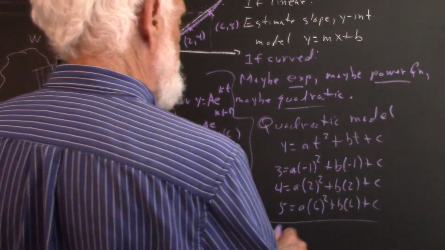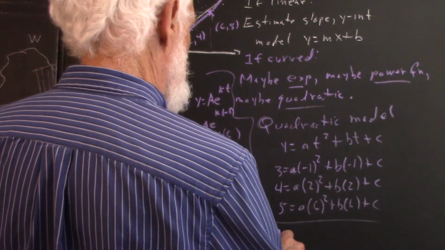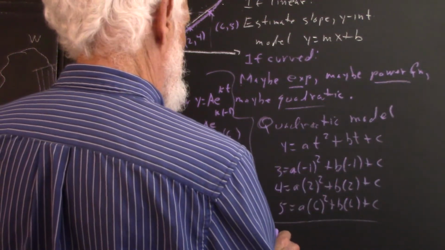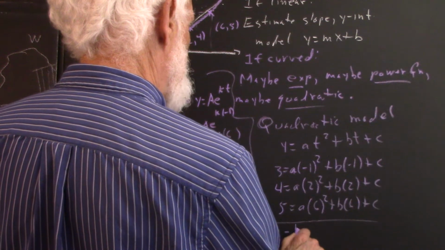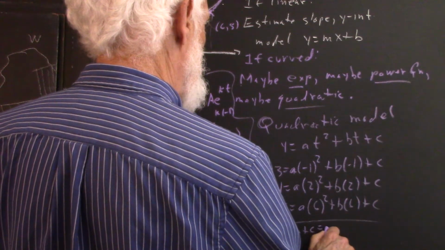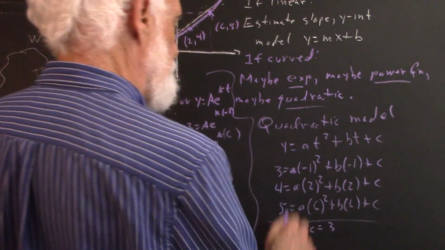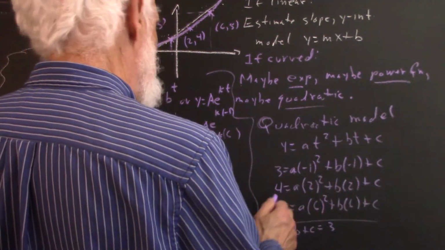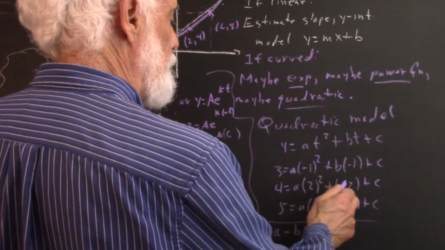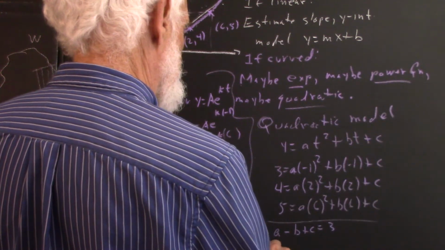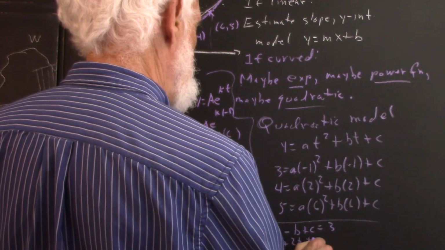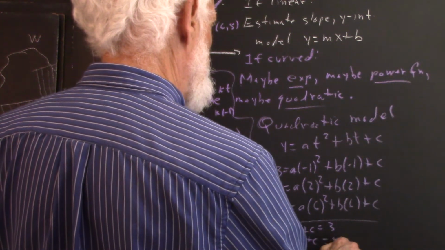We could rewrite these equations by doing the arithmetic here and flipping sides. We would get a minus b plus c equals 3 from this equation, just doing the arithmetic. Here we get 4a and 2b and c, so it's 4a plus 2b plus c equals 4.